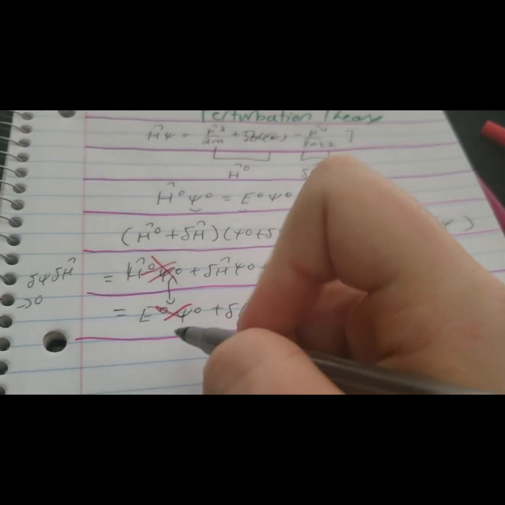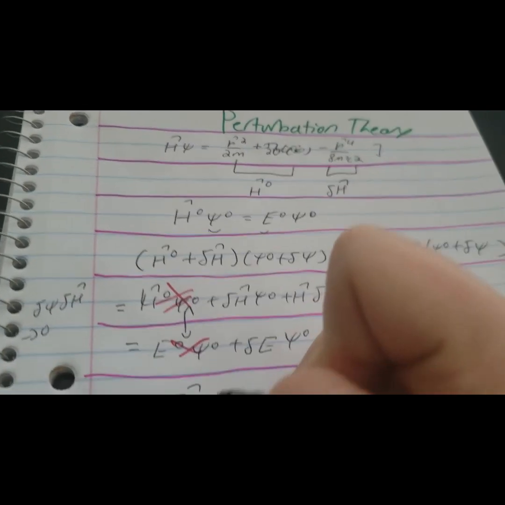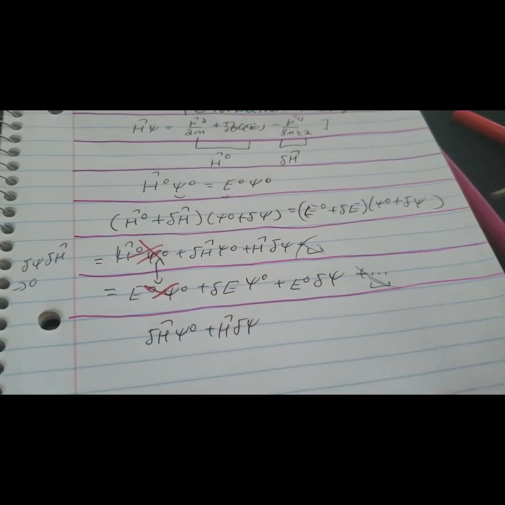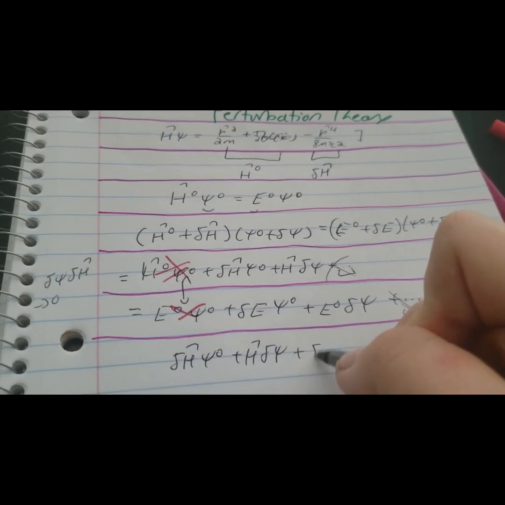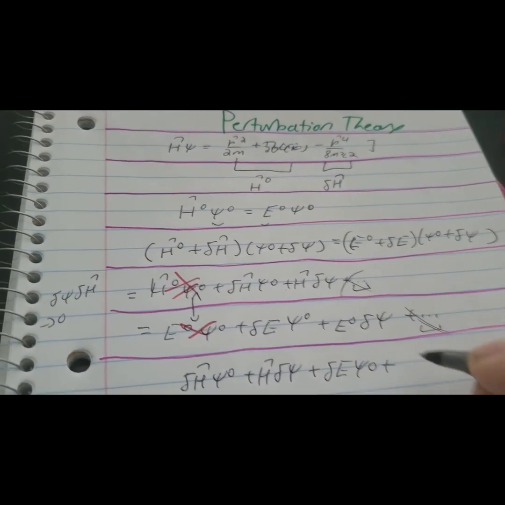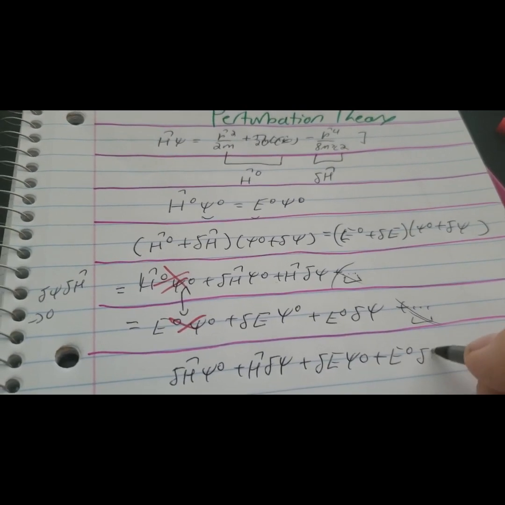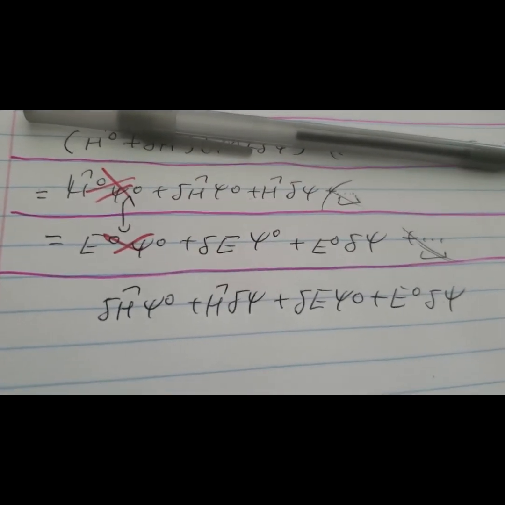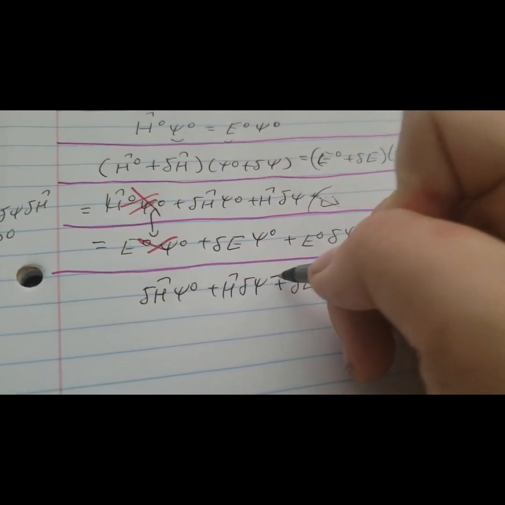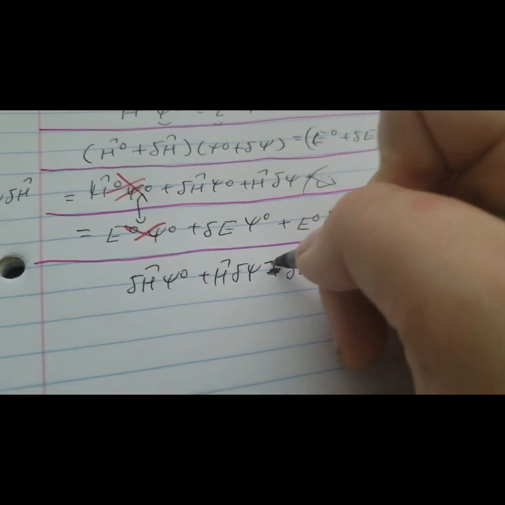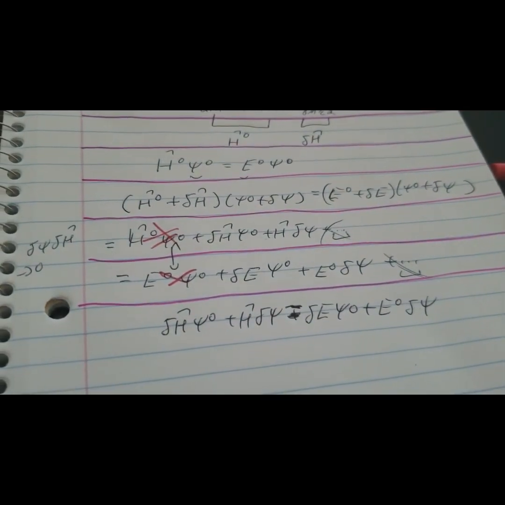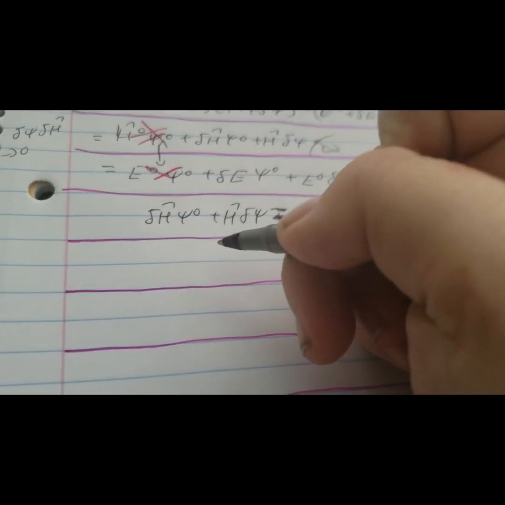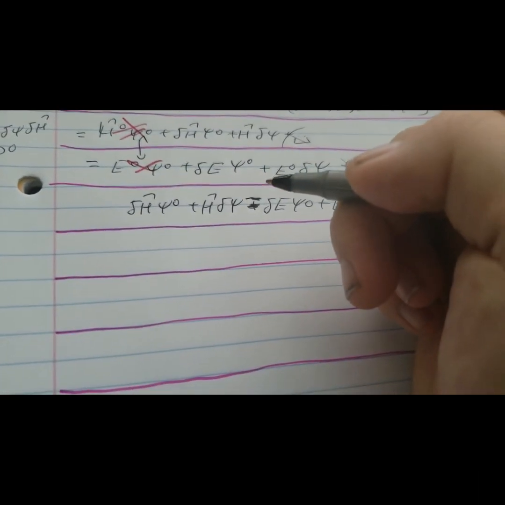And that leaves us with, oops, it's not a plus, it's an equal sign. All right, there we go. That leaves us with this equation right here. Okay, so we'll backtrack briefly.